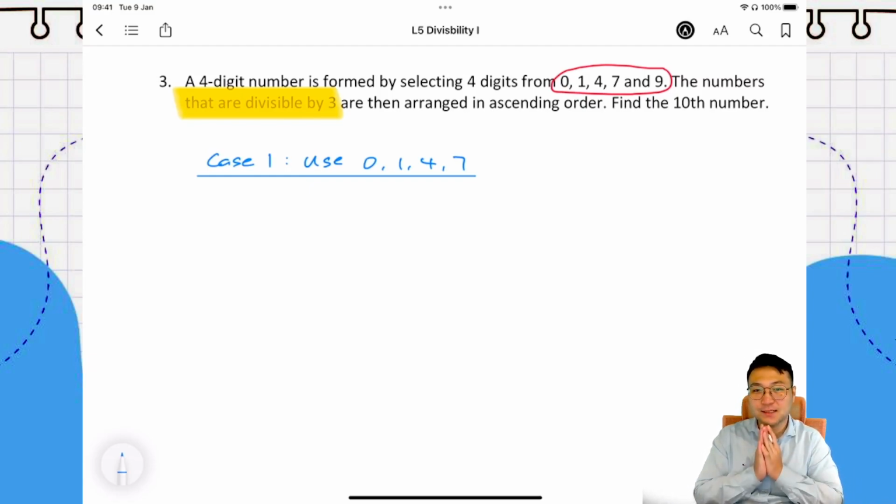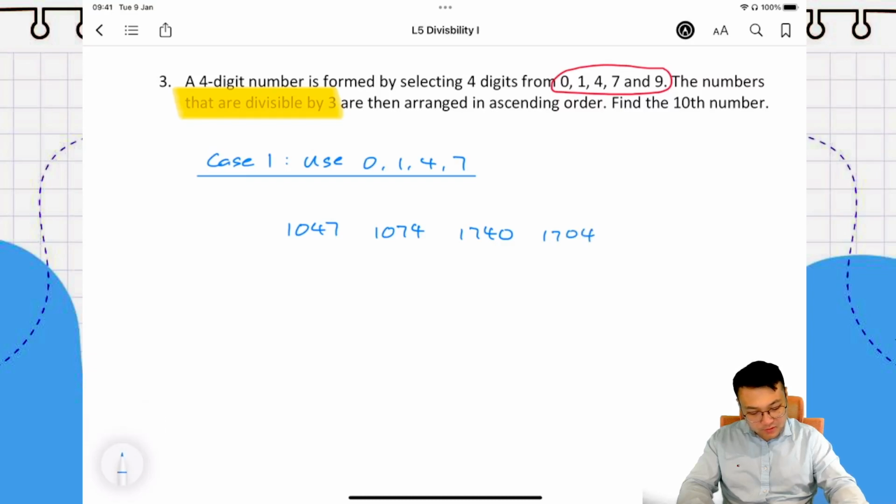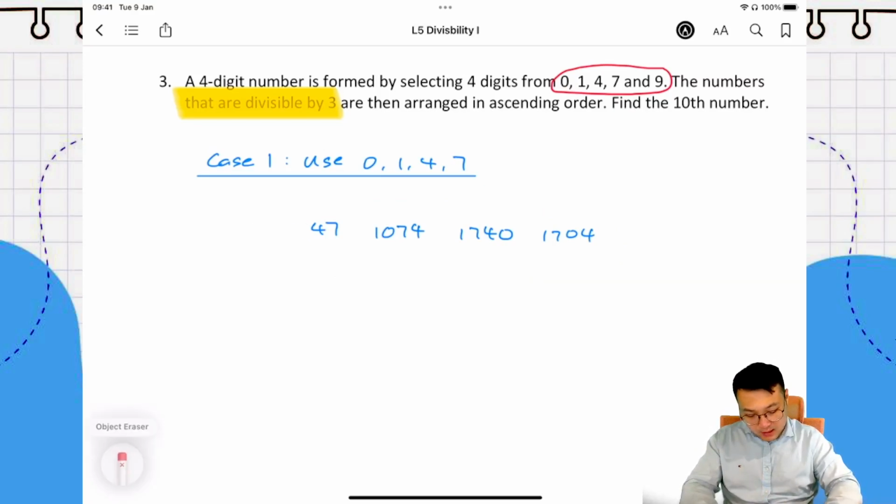So, Jacobs, if 0 plus 1 plus 4 plus 7 equals 12, no matter which 4-digit number I form, no matter what I do, do you think this will be divisible? All these numbers will be divisible by 3? Yes, because all their sum of digits are 12. So no matter what I do, any number I form will definitely be divisible by 3.